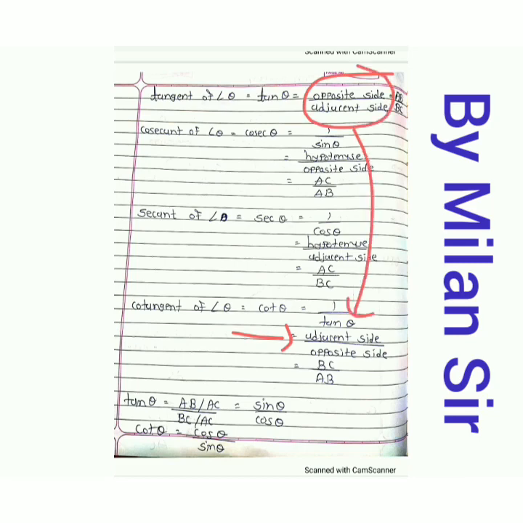So inverse it, it becomes the formula of cot theta. Cot theta is equal to adjacent side upon opposite side. Okay, just change the numerator and denominator. So BC upon AB.